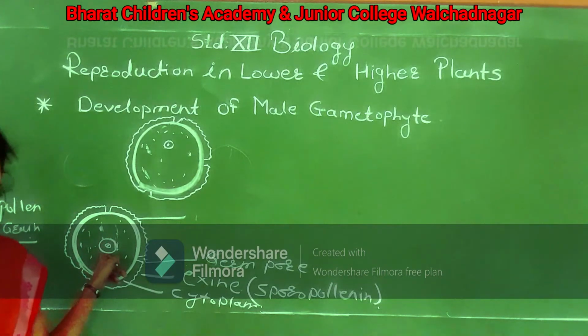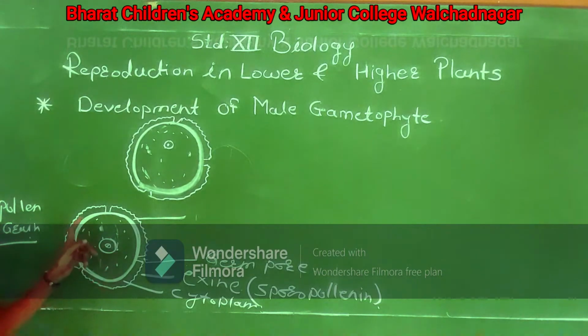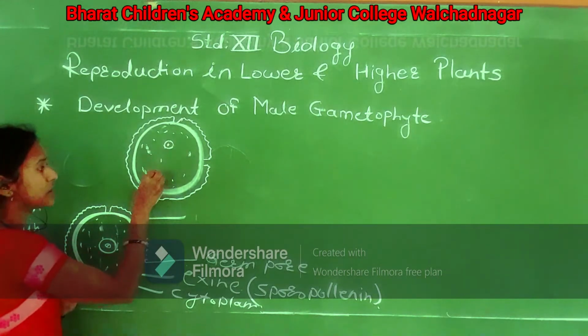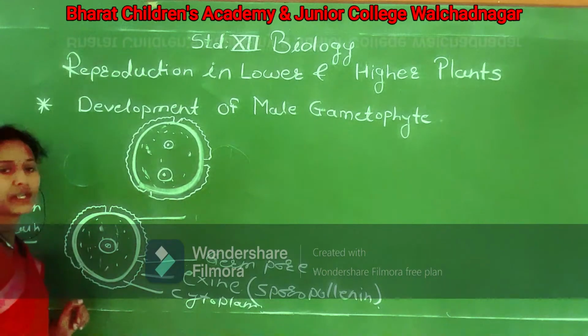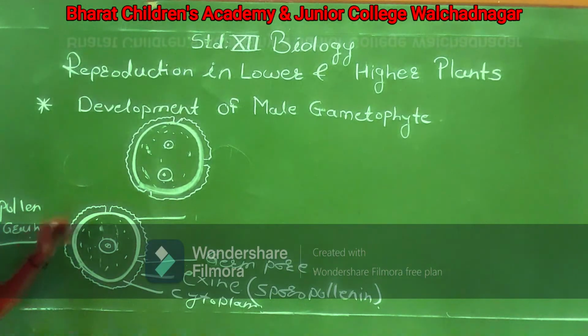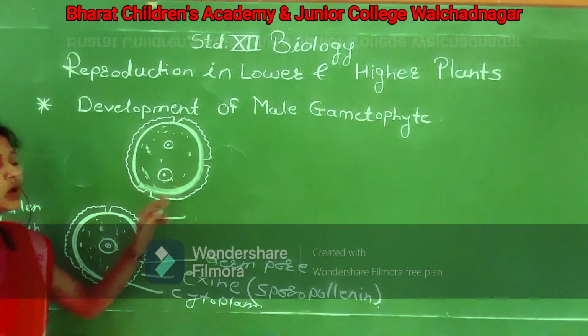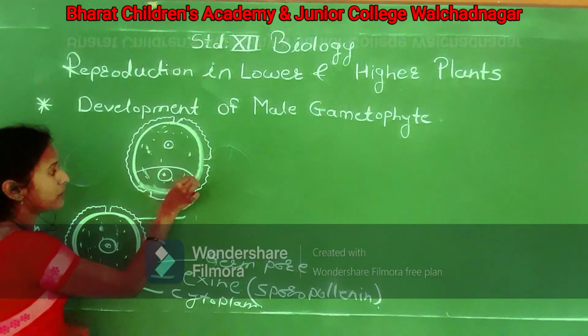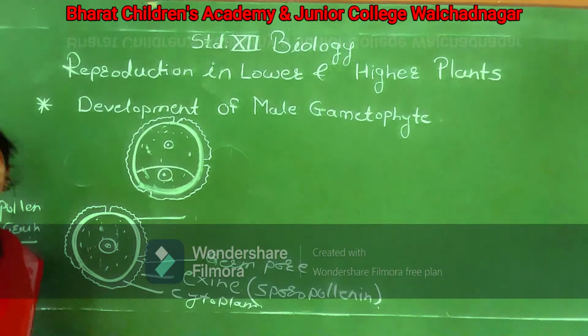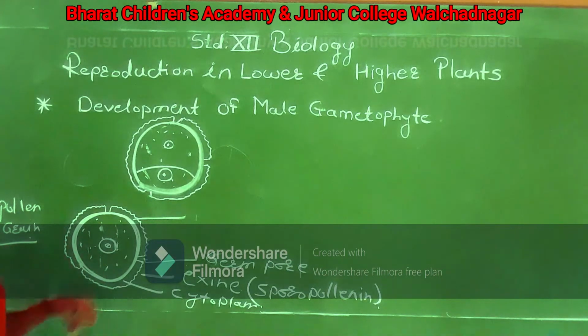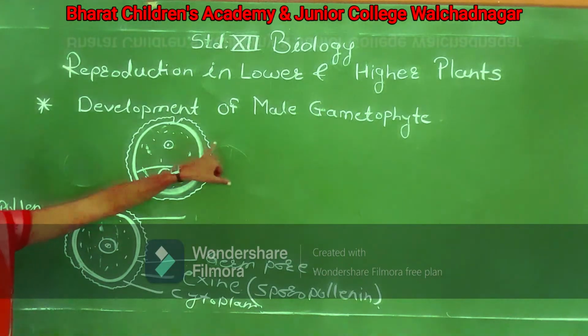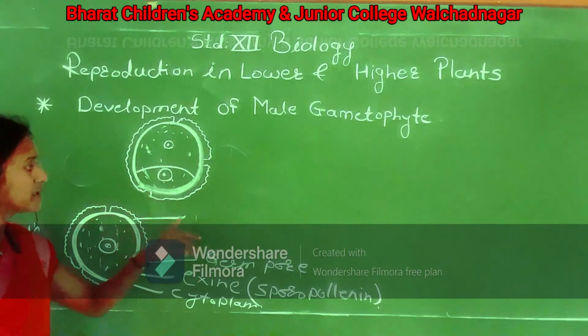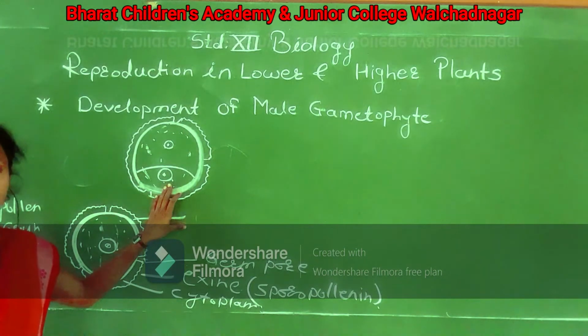This nucleus first follows karyokinesis, so we see two nuclei here. Then between these two nuclei a wall is formed, but this wall formation is somewhat different because the separation of the cytoplasm, the cytokinesis, is not equal. So one cell gets a large cytoplasm and another cell gets a small content of cytoplasm.